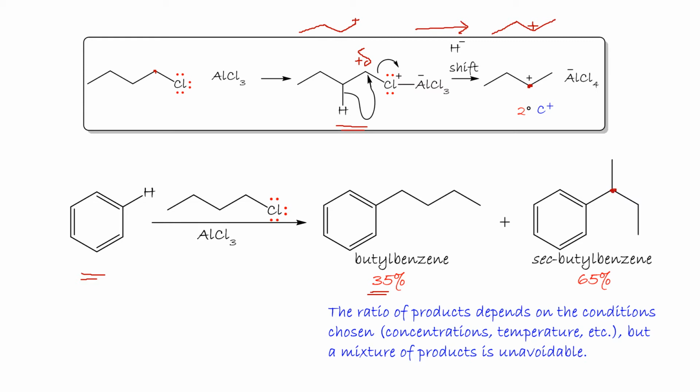So here you start with butyl chloride, you get butyl benzene, but you get a mixture with secondary butyl benzene, and it is the major product. We would like to get this one, but we get this also. So the mixture of products is unavoidable, okay?